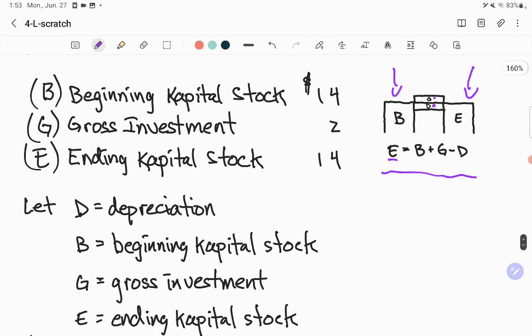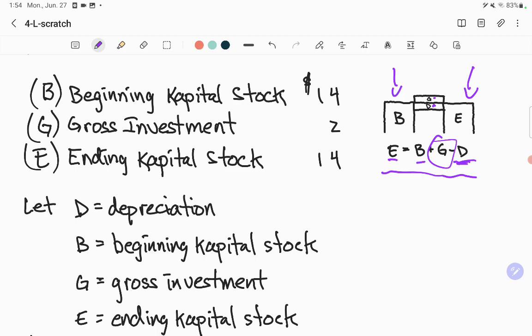So the ending stock is equal to the beginning, whatever you had at the beginning of the year. Remember, your capital stock is reduced, it is consumed, your machinery wears out. You consume capital, that's depreciation, but then your gross investment is how much more did you invest in your company during the year.